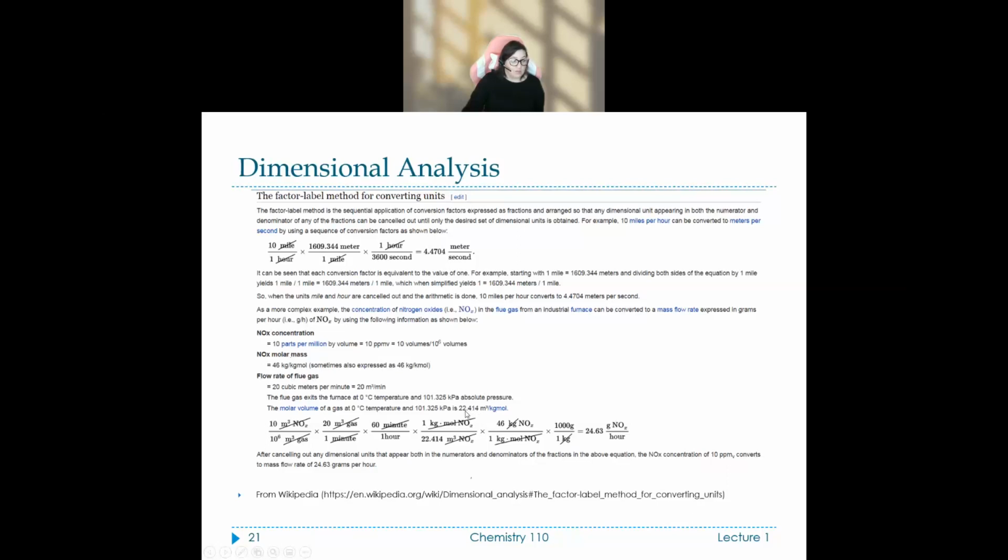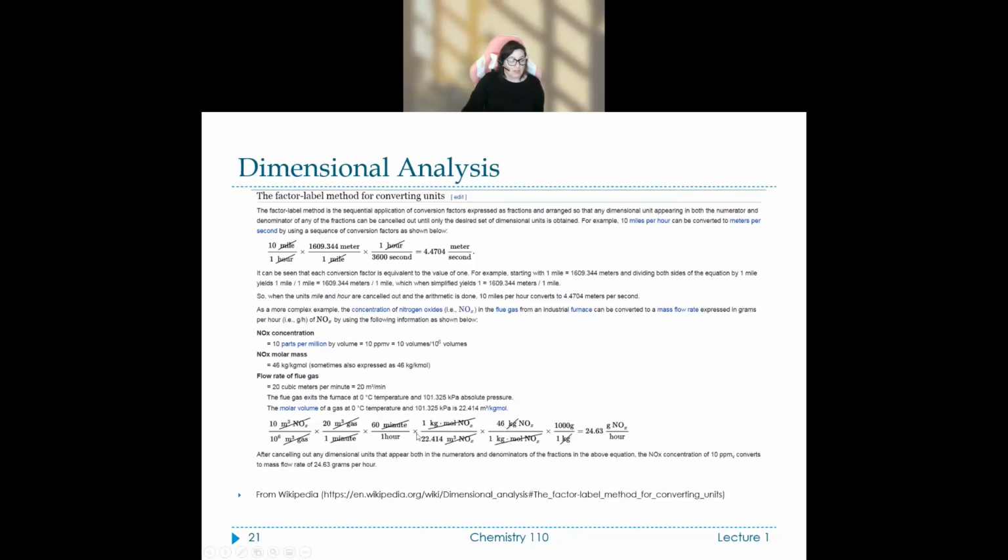The molar volume of a gas is 22.414 meters cubed per kilogram mole. So instead of having this, I've put that in here. That's that unit right there. And then I have the molar mass here.